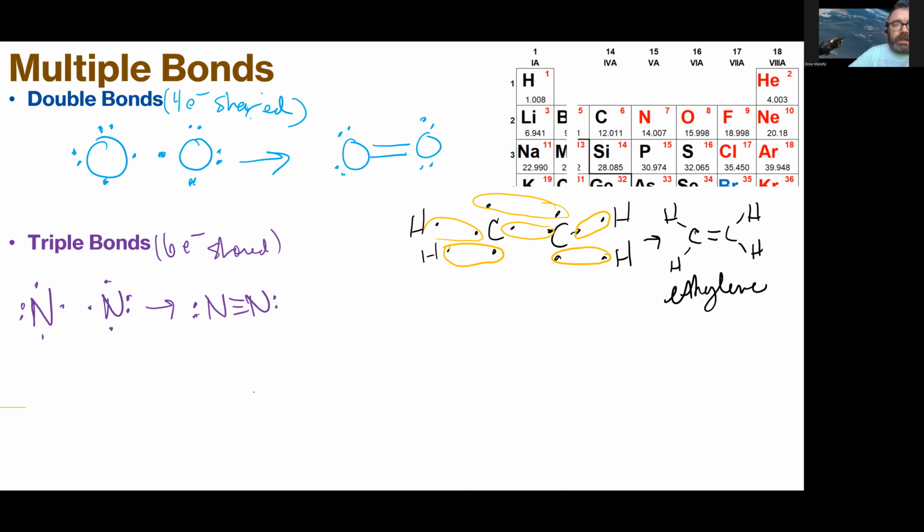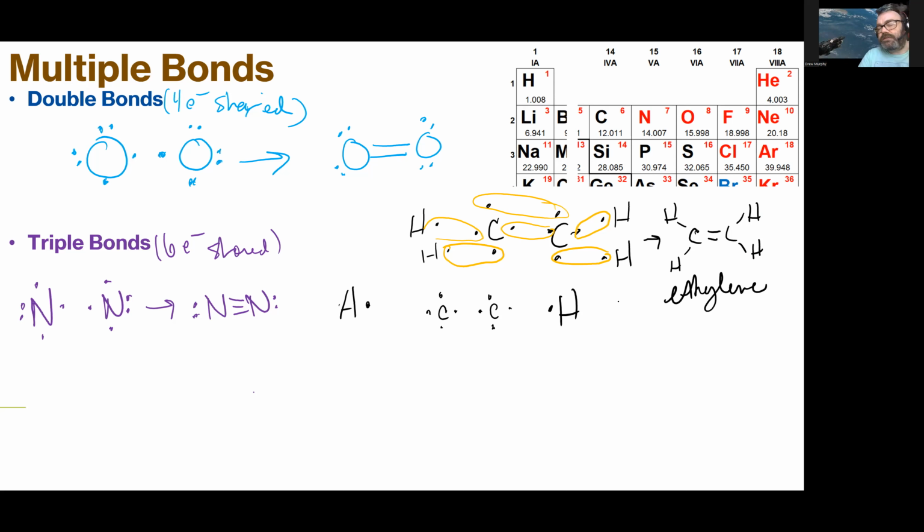If we want to look at an organic example, we can try acetylene. Acetylene is C2H2, so 2 hydrogens and 2 carbons.